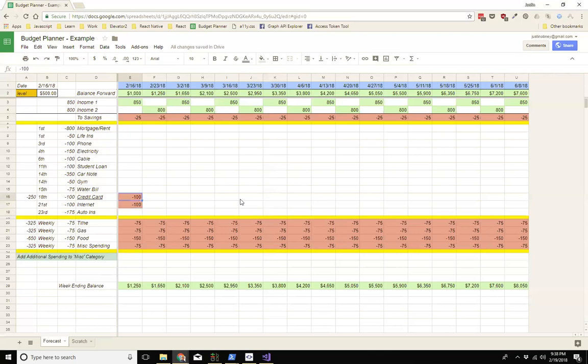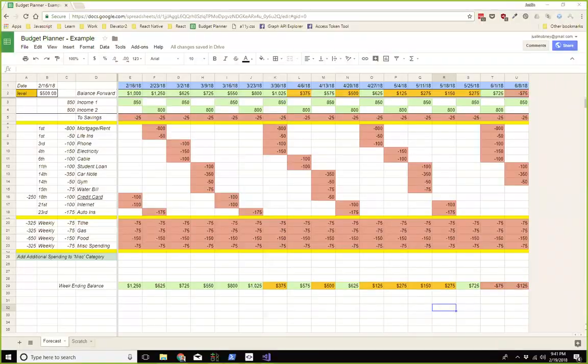Then we would move over and find out what happens between the 23rd and the 2nd. Well, that would be the auto insurance, that would be our mortgage or rent, and the life insurance. Following this pattern, we're going to go ahead and fill out the rest of the sheet.